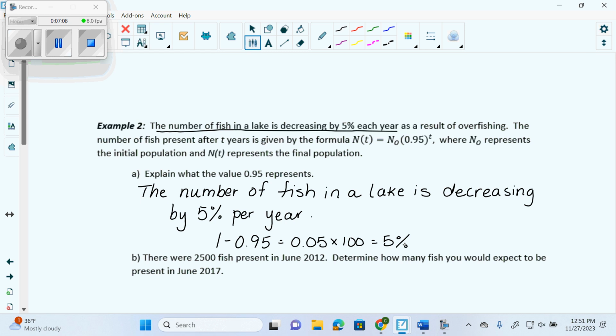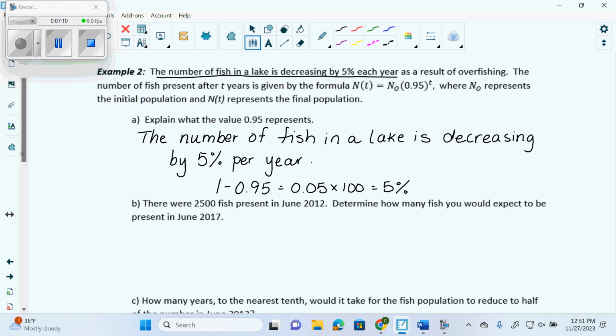Then here it says there were 2,500 fish present in June 2012. How many would they expect in 2017? So this here represents N0. And I can't say initial because they gave me a variable that isn't an I. Then they want to know t equals 2017 minus 2012, which is 5. And they want to know N of 5.